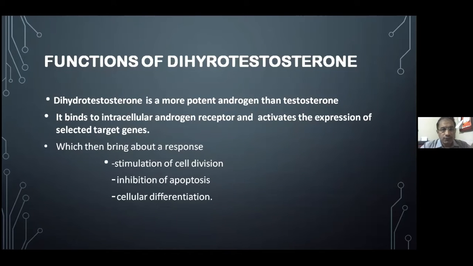What is the function of this? It is a more potent androgen than testosterone. It binds to the intracellular androgen receptor and activates the expression of selected target genes. This leads to stimulation of cell division, inhibition of apoptosis, and cellular differentiation.